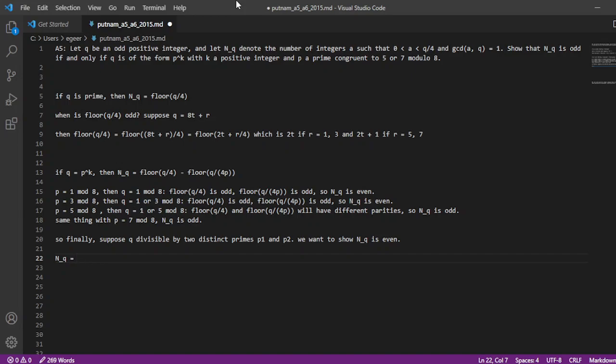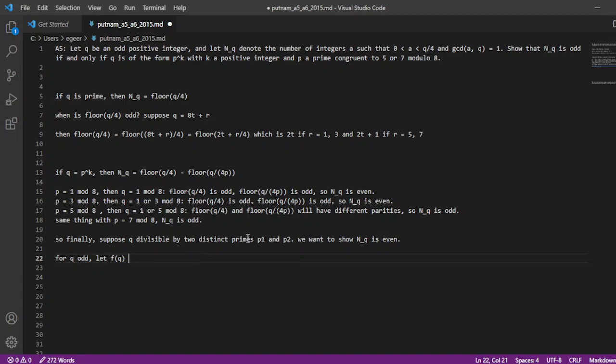So let's define, I'm trying to put some kind of multiplicative structure on this parity, because it seems like we can get something like that.